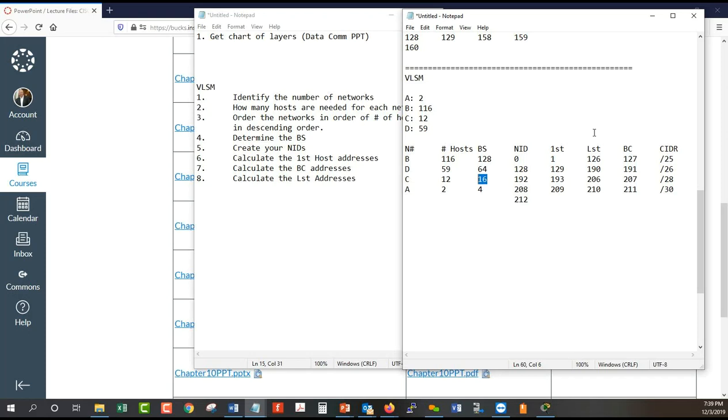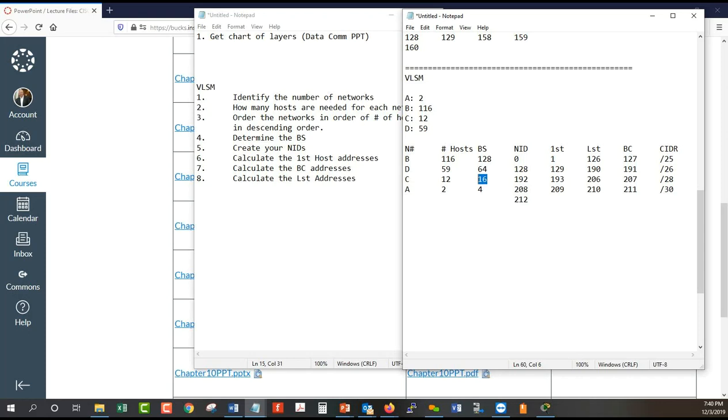And here in A, I needed 2 hosts, and honestly, 2 hosts are all I give it. Because if you recall, whenever we have a block size of any one of these, it's always going to be the block size minus 2. Because I'm not allowed to use the network ID address and I'm not allowed to use the broadcast address for a host address. So in the case of network B, it's 128 minus 2 gives me a total of 126 usable host addresses.